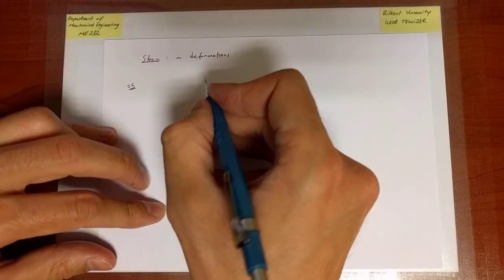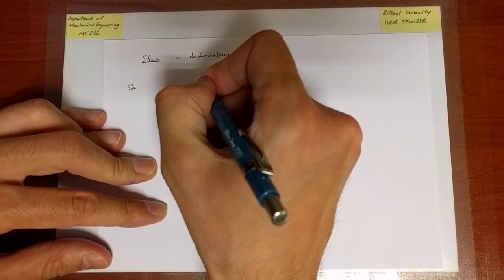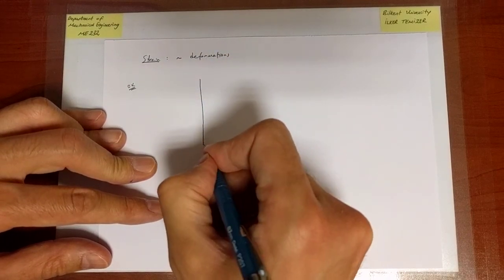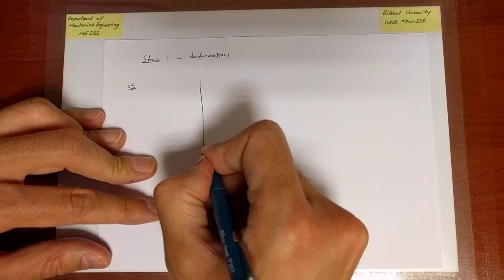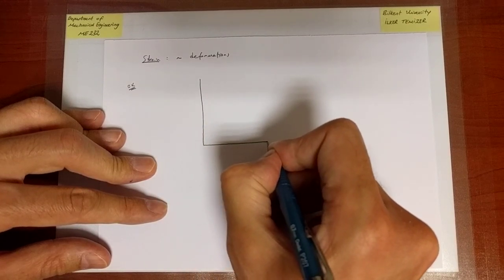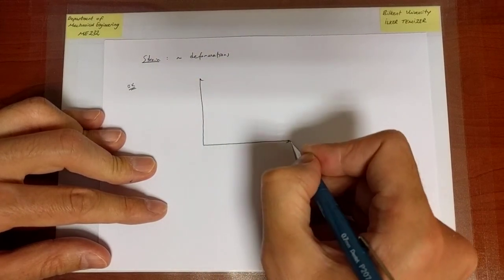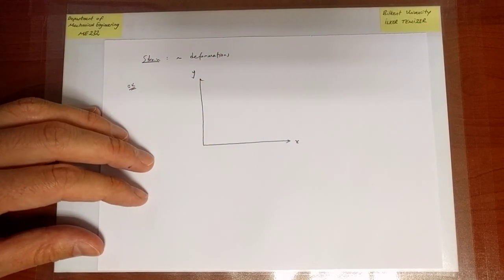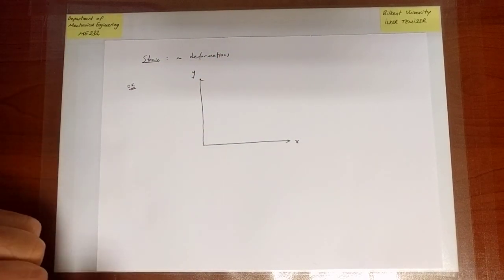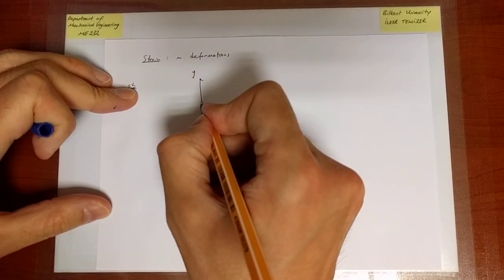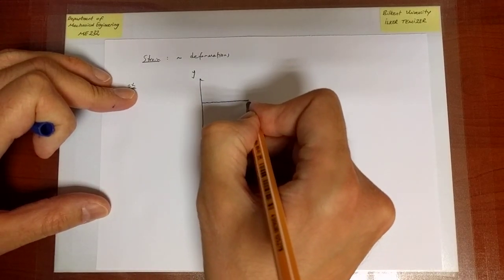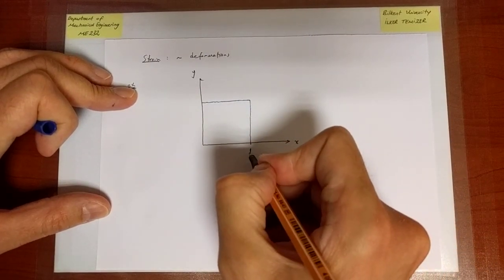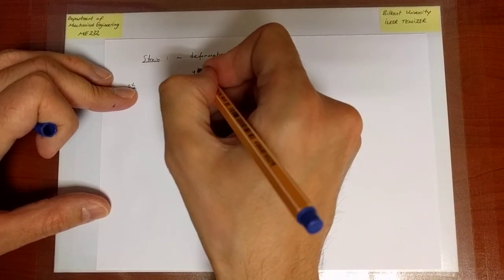In that example, let us take a plate that lies in the xy plane. So we're going to omit whatever has to do with the z-axis. So that's our x direction, that's our y direction. And let us imagine that initially we have a plate of size 1 meter by 1 meter.